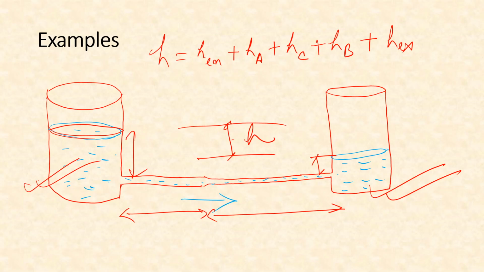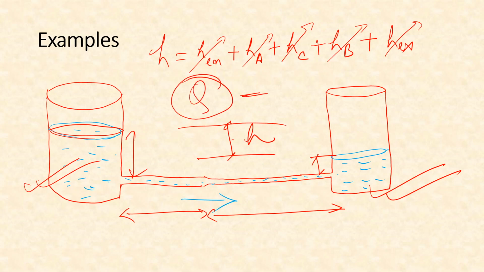And we can write the formulas for all these head losses because we already know them, whether it is major loss or minor loss, and then replacing those values of V's, V1, V2, etc. with Q, we can find out the actual value of Q.